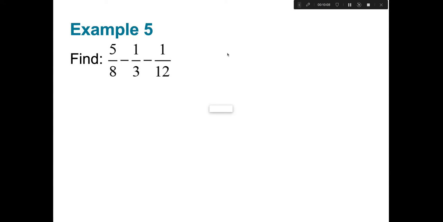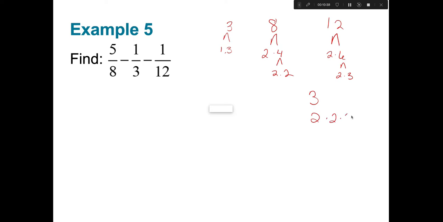If you don't know, put them in some Christmas trees. See what I did there, Mason? I wrote down all of their prime factors.